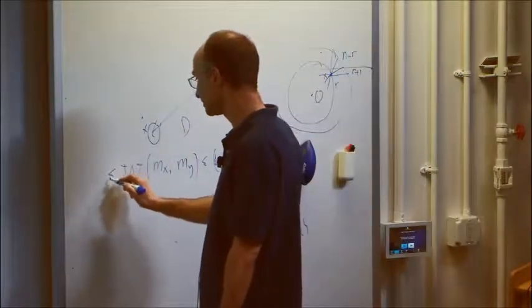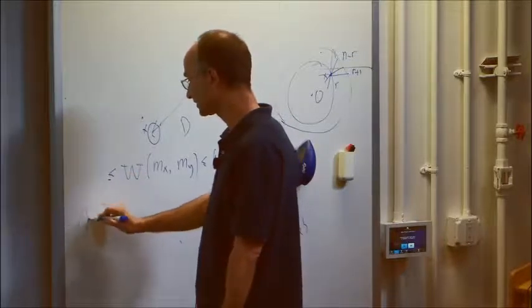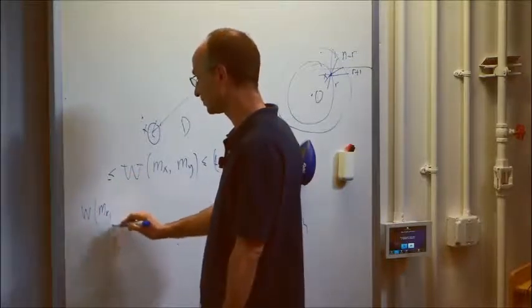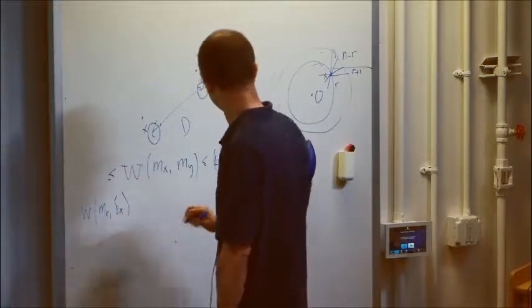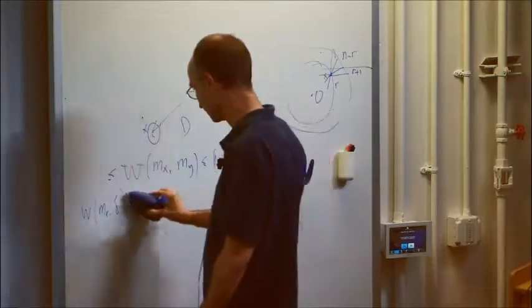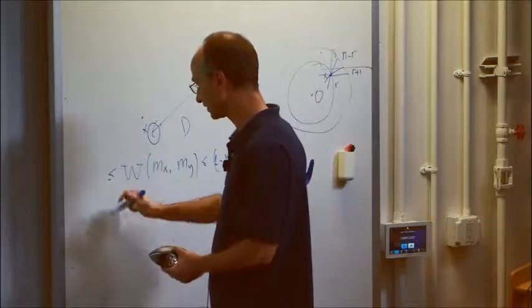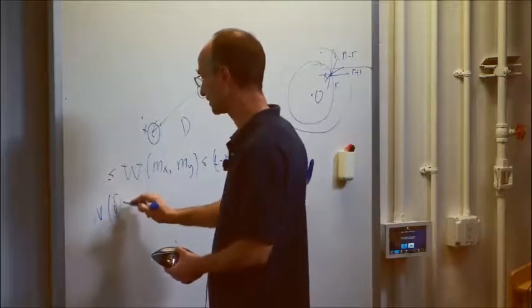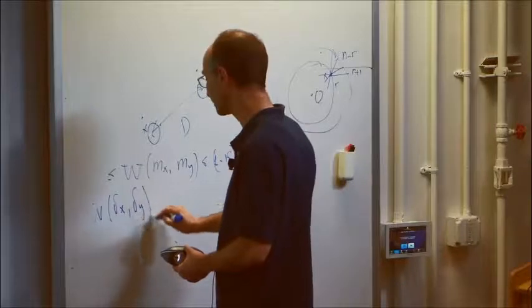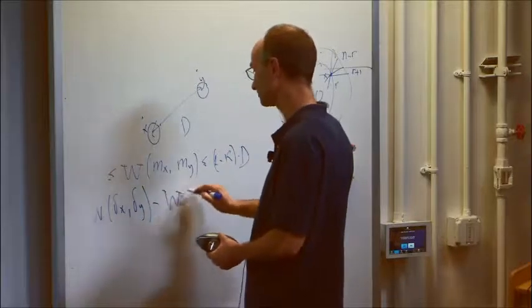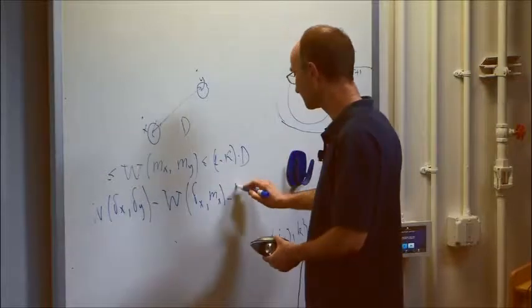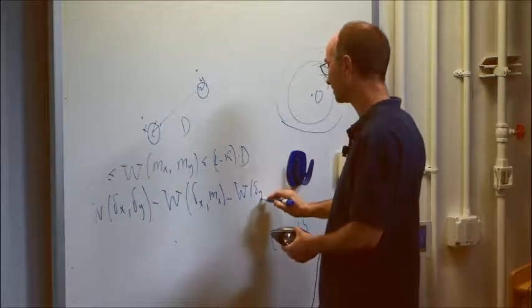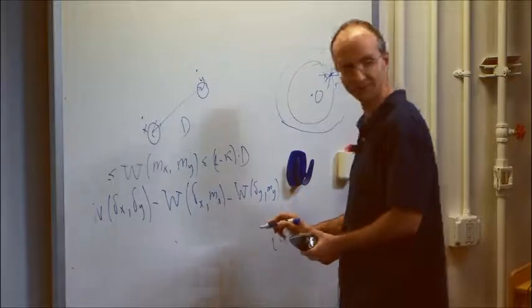So this is at least, by the triangular inequality, the distance between delta measures delta x and delta y, minus the distance between delta x and mu x, minus the distance between delta y and mu y.